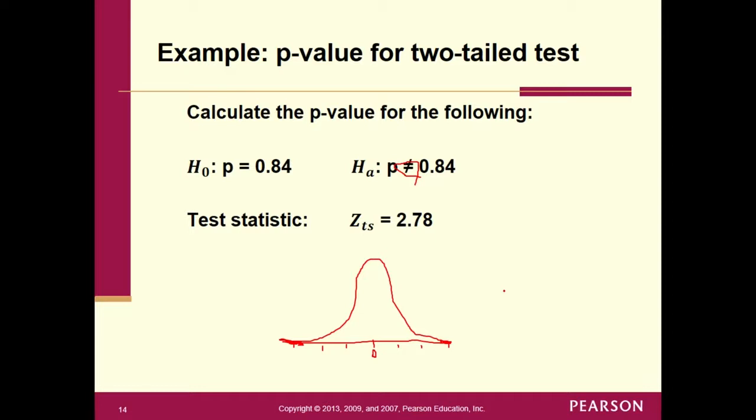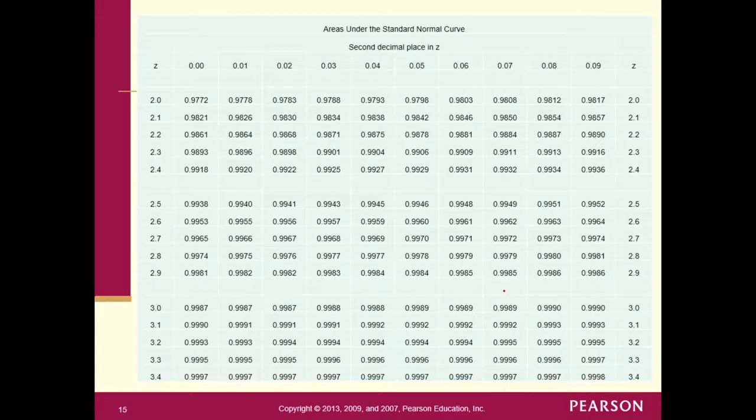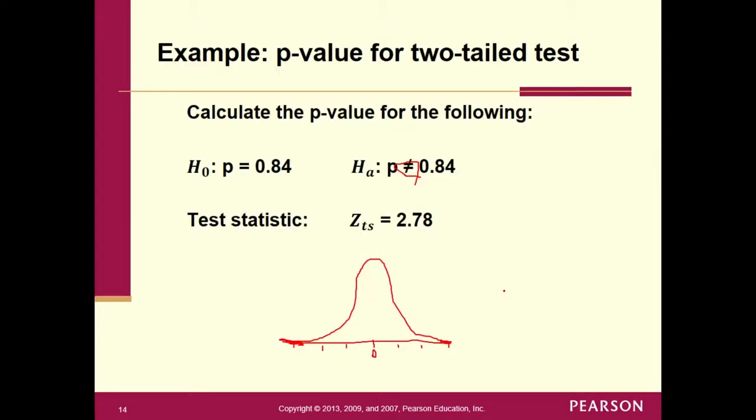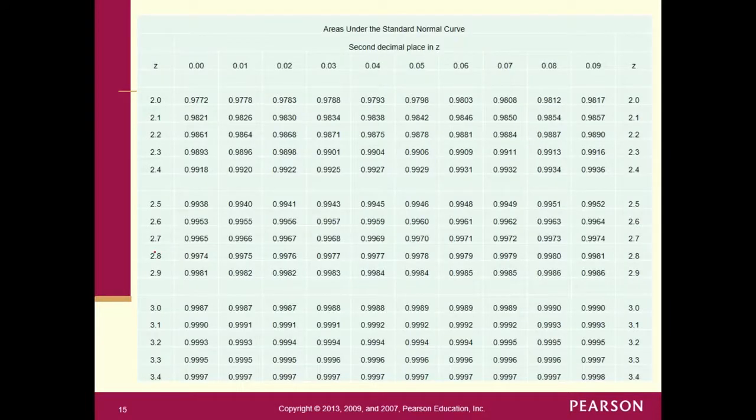So you just look up one and you're good to go. In my opinion, the easiest thing to do is look up the negative side first, but I'm going to show you, let's look up 2.78, and here's 0.08. So we got 0.9973.